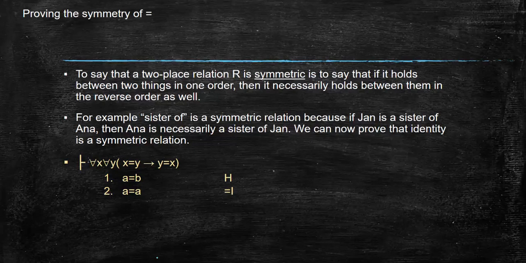Well, remember that what we're trying to get is that B equals A. So what we want to do is substitute B into A using identity elimination. So by lines 1 and 2, we can have B equals A by identity elimination.